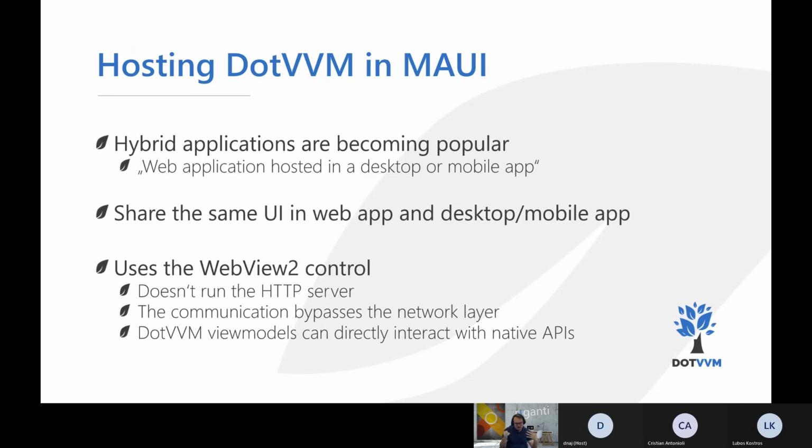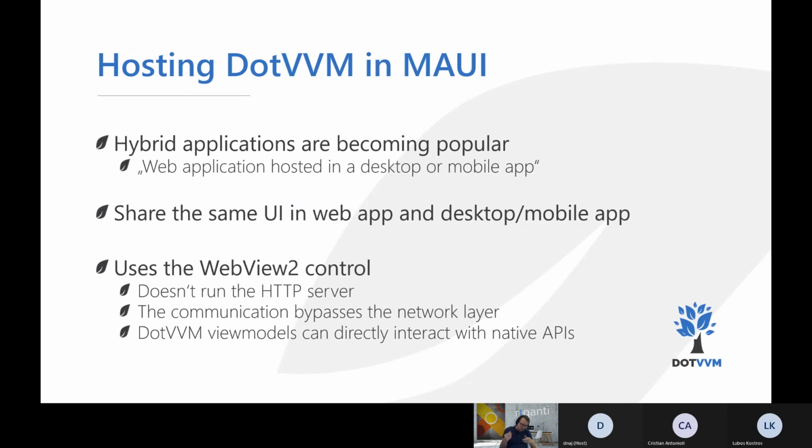So we don't need to run an HTTP server, because it wouldn't be possible on mobile platforms. When the WebView needs the response for some HTTP request, we just run the DotVVM pipeline and provide the response on its own.